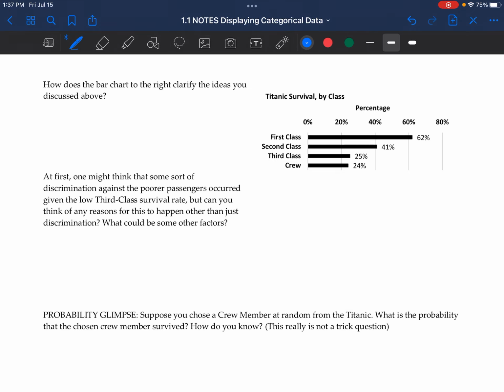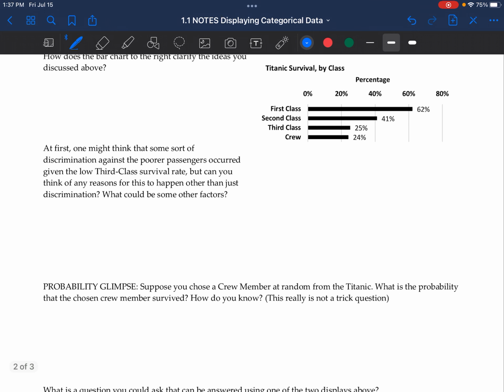And to finish it off, a lot of statistics is about probability. We're going to be talking about probability a little bit every single week for the rest of the first semester. So here's a common phrasing of a probability question. Suppose you chose a crew member at random from the Titanic.